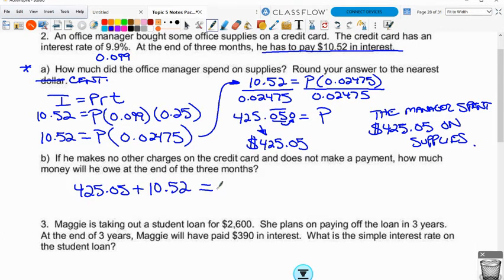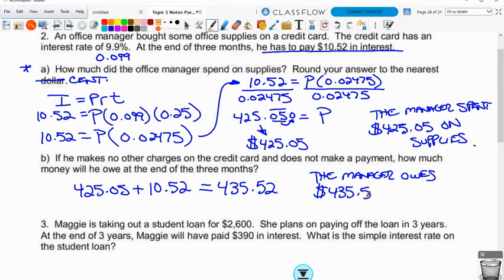So if you add those two numbers together, your total is going to come out to be $435.52, which means that the manager owes $435.52 after 3 months. Okay, so again, you have to pay back the money that you borrowed to buy the supplies, and you have to pay back the amount of interest that the bank charged for borrowing from the bank.